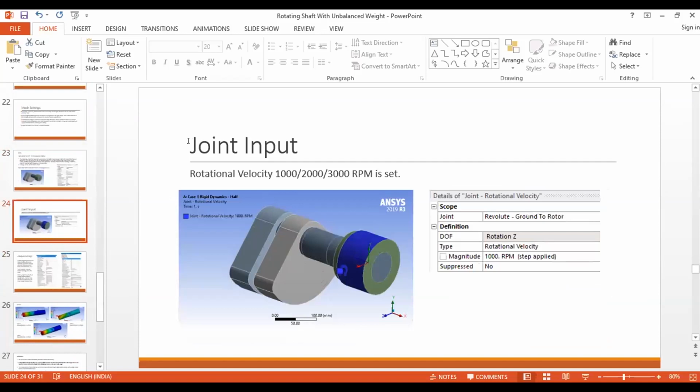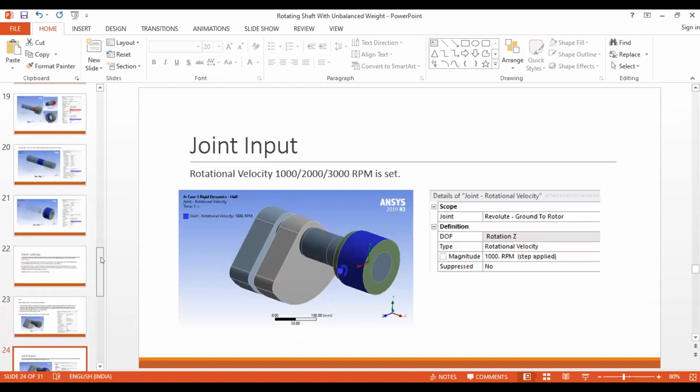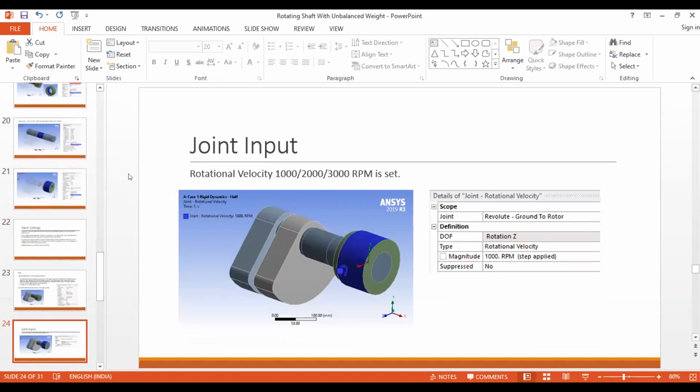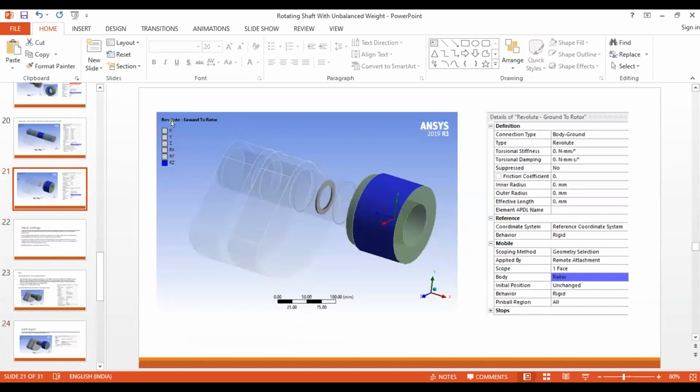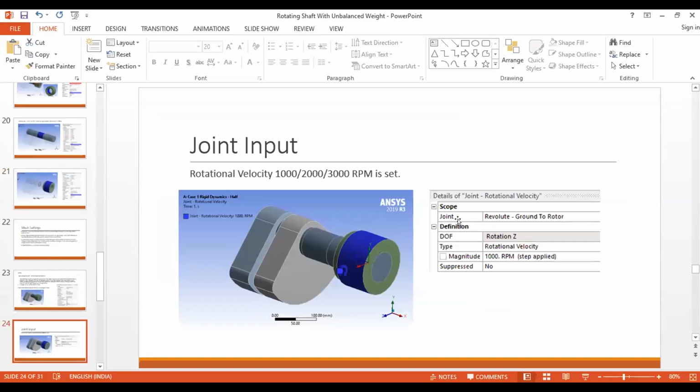So basically, I was telling you why we need to do this. Like in this slide, we put a revolute joint on the rotor. This is the reason we get the option here in the joint option, revolute ground to rotor.